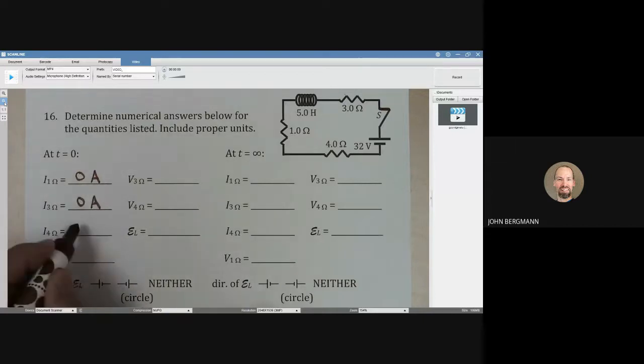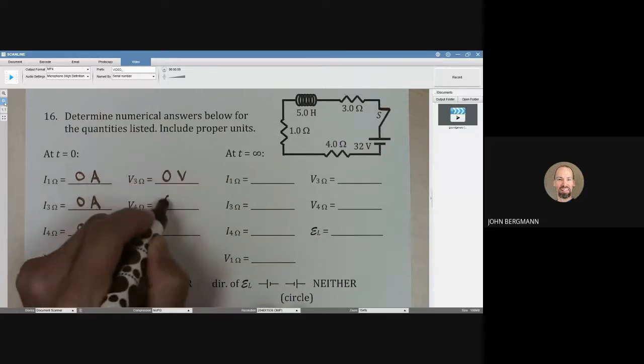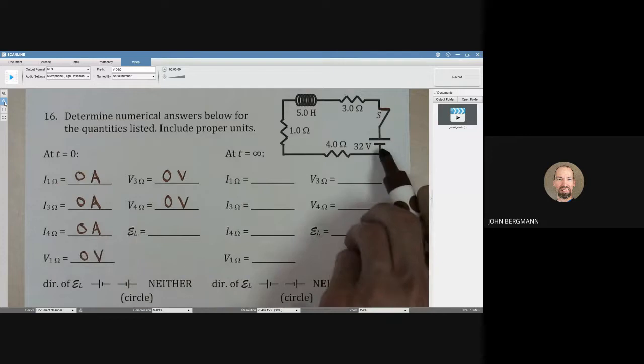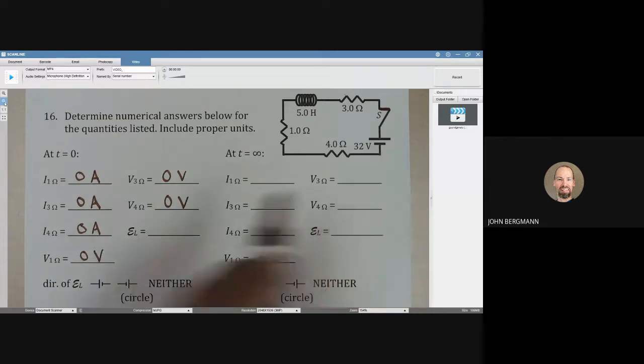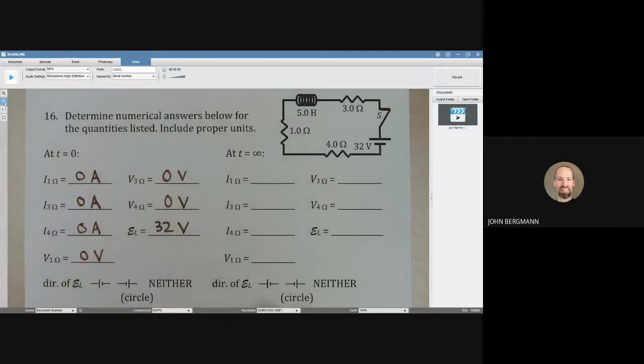We're not going to have any current going through the 4 ohm resistor. Because there's no current going through any of the resistors, there's not going to be any voltage drop across them. The inductor is going to be fighting our 32 volt battery just at that first instant with 32 volts.